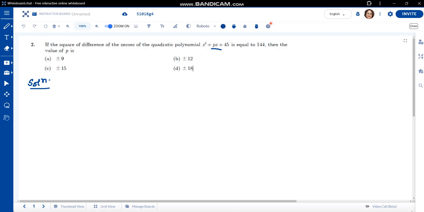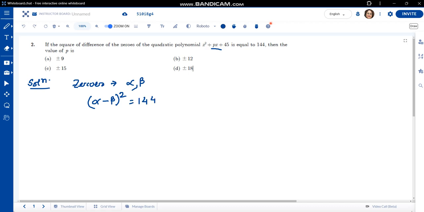So normally in a quadratic equation we denote the zeros as alpha and beta. So according to the question, the difference of the zeros of the quadratic polynomial, difference of zeros means alpha minus beta, and square of it, that is given as 144.